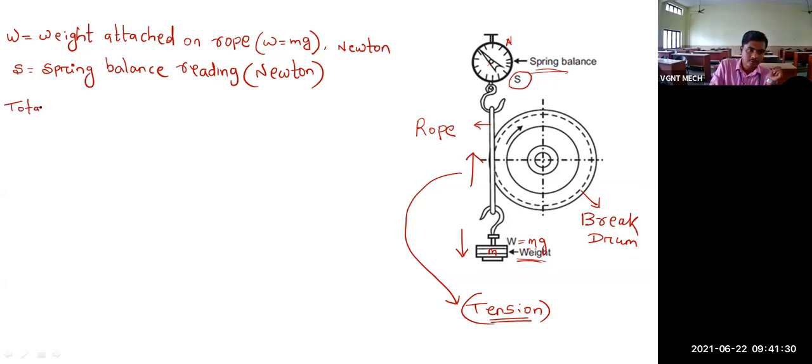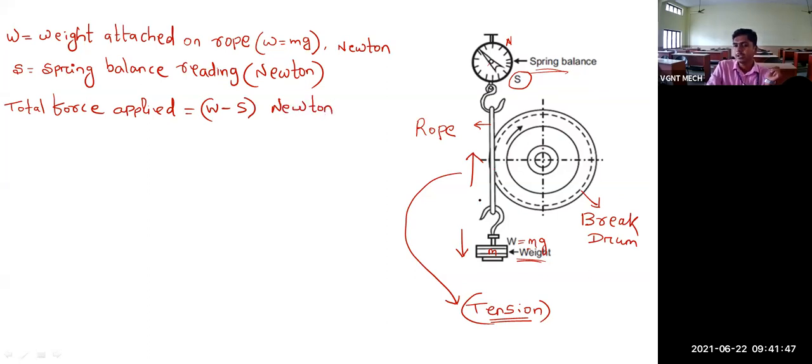Total force applied equal to capital W minus S. Downward force is capital W, and the upward force we can measure from the spring balance, that is S, the spring balance reading. So total force is downward force minus upward force. Always this W is greater than tension or S, so that's why I have taken W minus S. This is the total force applied in Newton.